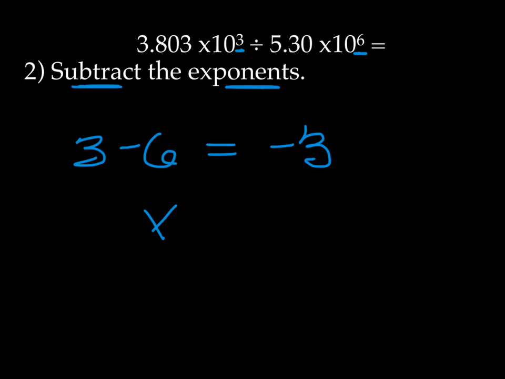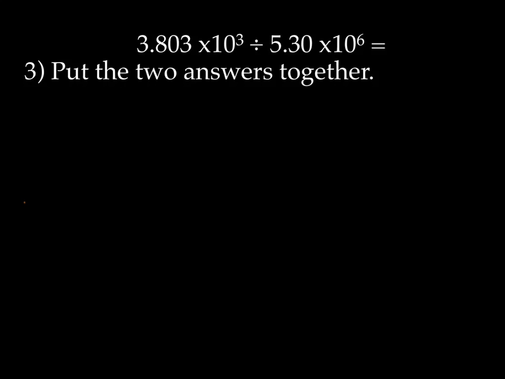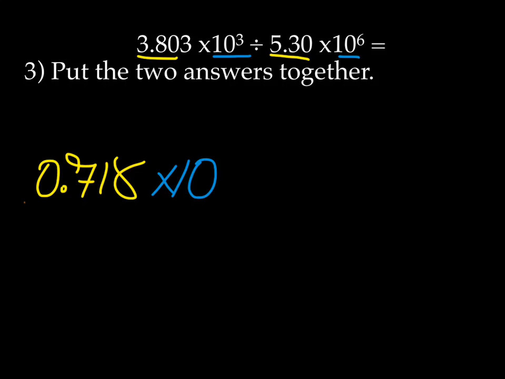Our exponent is now times 10 to the negative 3. Okay, let's put our two answers together. When we divided the coefficients, we ended up with 0.718, and when we subtracted the exponents, we came up with times 10 to the negative 3.